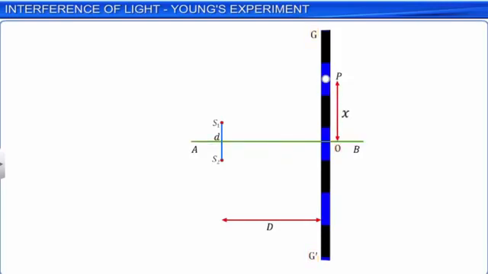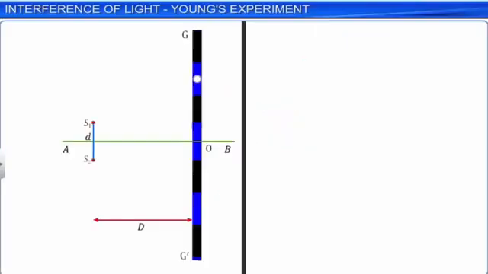Light from the two sources S1 and S2 covers a distance of S1P and S2P respectively to reach the point P. If P corresponds to an interference maxima, then the path difference S2P minus S1P is equal to n lambda.